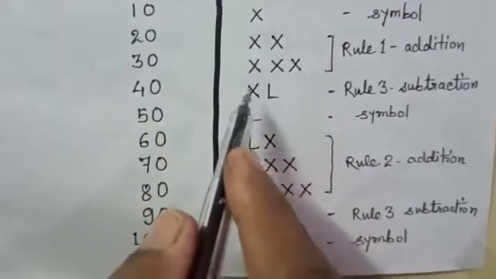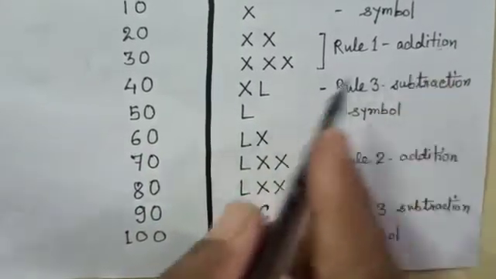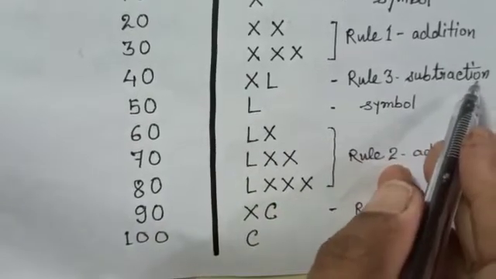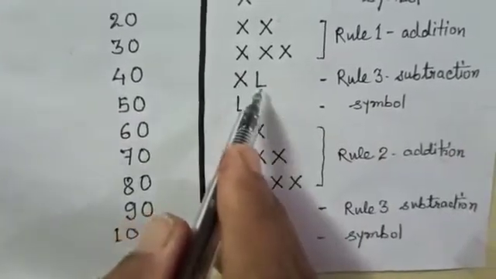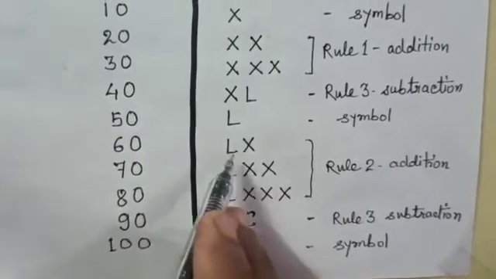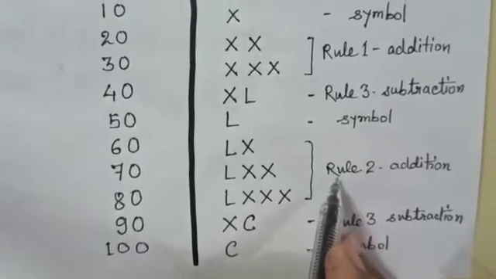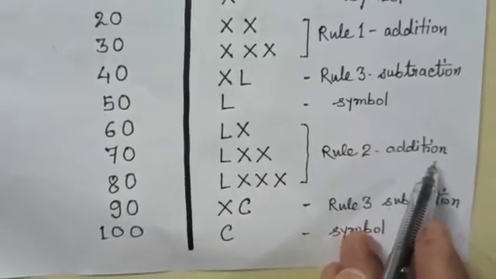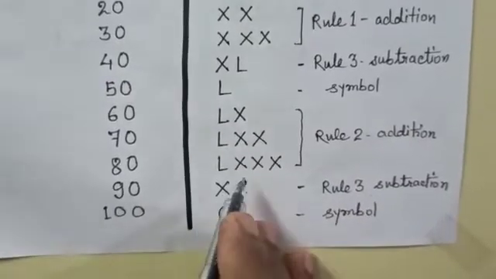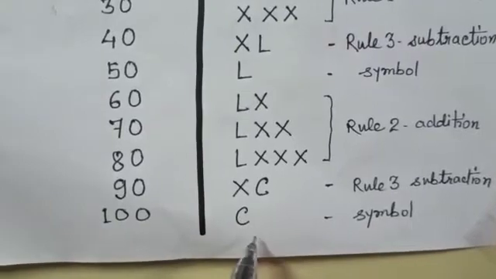And 20 and 30 we are getting by applying rule number 1, addition rule. 40 we are getting by applying rule number 3, that is subtraction rule, means a smaller symbol written before a larger one. And 60, 70 and 80 again we are getting by applying rule number 2, that is the addition rule. And 90, rule number 3, subtraction rule, that is 100 minus 10 equal to 90, XC, and 100 is C, a direct symbol.